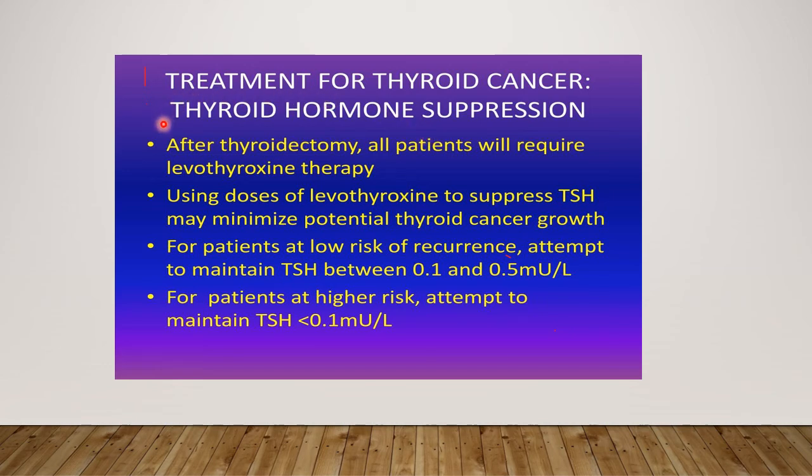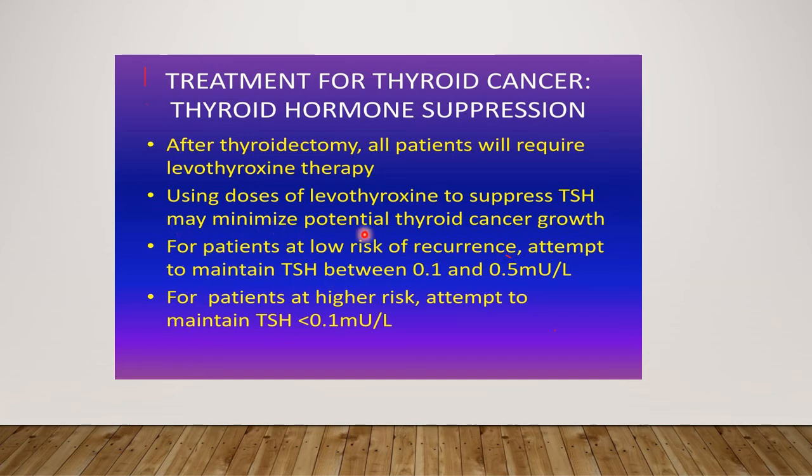Replacement when there's no more thyroid tissue left, and suppression is to suppress the TSH stimulation of the thyroid. Using a dose of levothyroxine to suppress the TSH may minimize the potential thyroid cancer growth or recurrence.